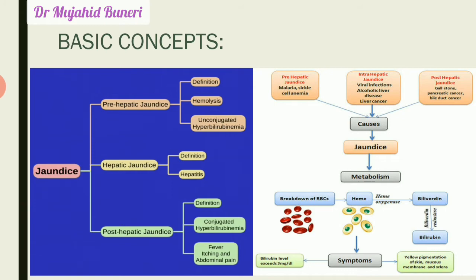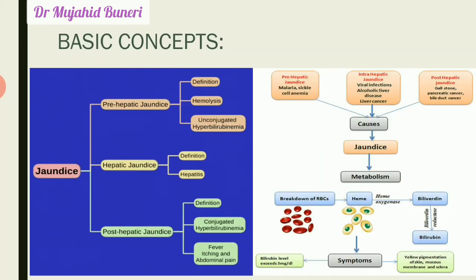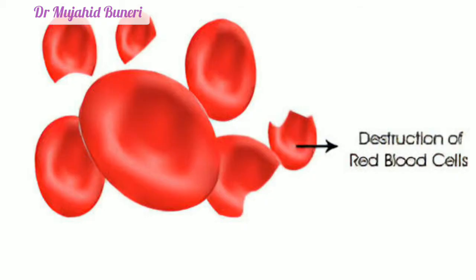So, obviously, when this patient comes to us where we are suspecting pre-hepatic jaundice, what will we find? There will be pallor because of anemia, and there will be a definite history or a clinical condition suggesting hemolysis.